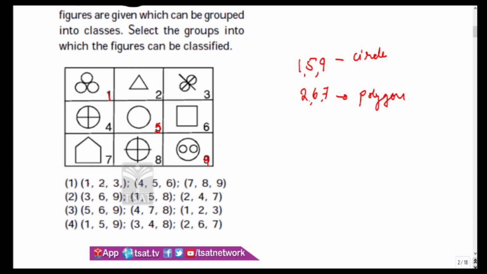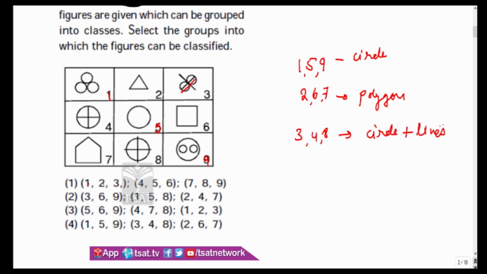What is the character for 3, 4 and 8? You need to look. In 3 there are circles as well as lines. In 4 also there is a circle as well as 2 lines. In 8 also a circle as well as 2 lines. So the character in 3, 4 and 8 is circle plus lines.